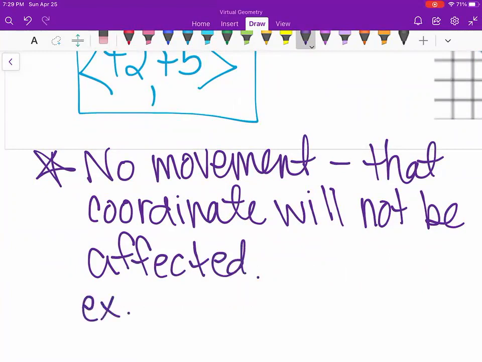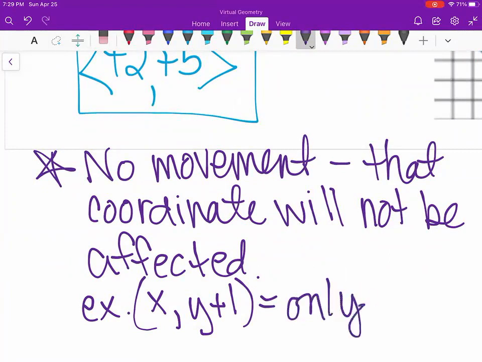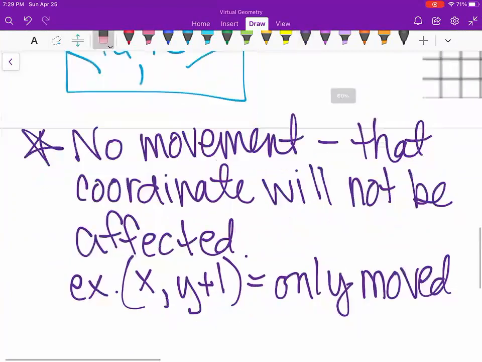Okay, just for example, if I have x comma y plus 1, that means you only moved up 1.